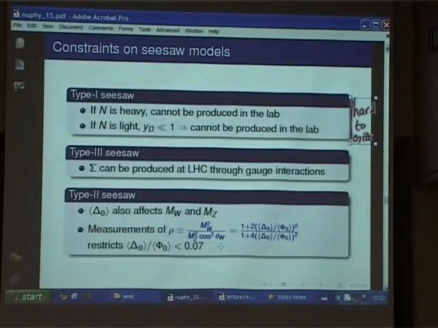So if you put in current constraints from measurements of rho, this rho now gets modified; earlier it was just equal to 1, now it becomes 1 plus something. This actually restricts the ratio of the vev of delta to the vev of phi. So it is indeed still possible to have a triplet Higgs and have type 2 seesaw, but we have severe constraints.